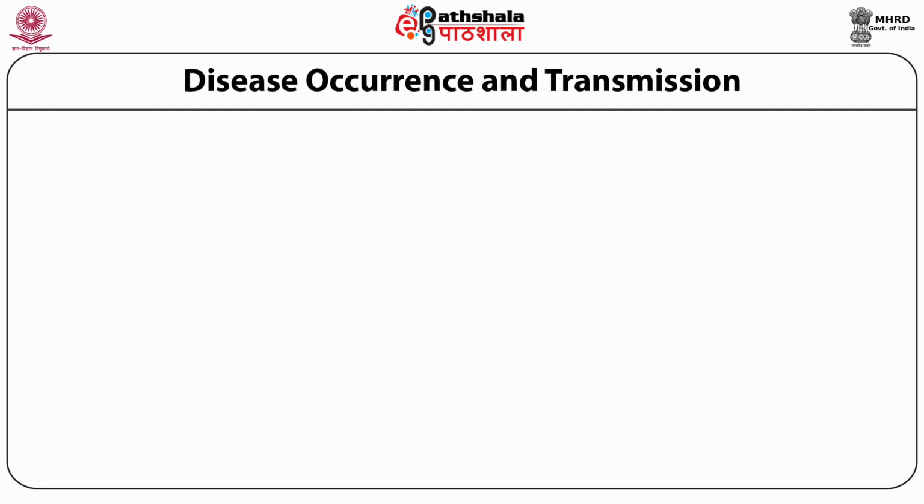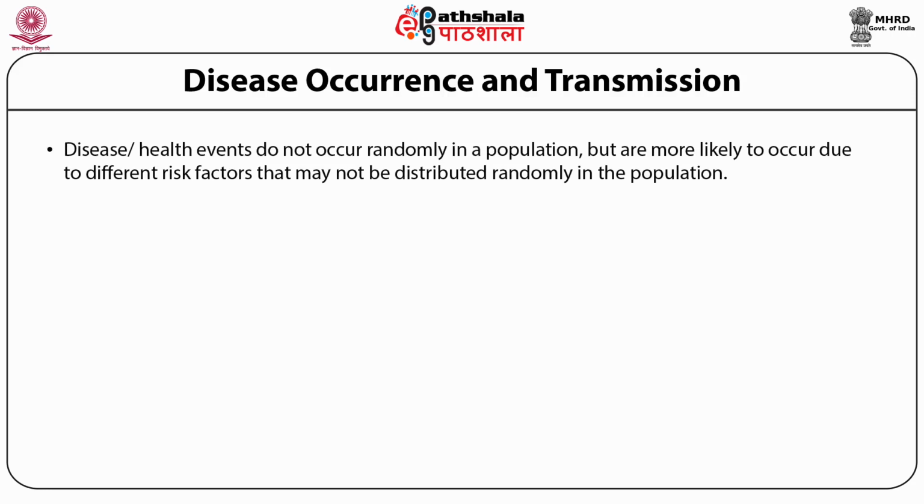Disease occurrence and transmission. It has been observed that disease and other health events do not occur randomly in a population, but are more likely to occur in some members of the population than others because of risk factors that may not be distributed randomly in the population.